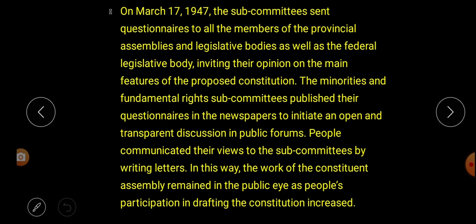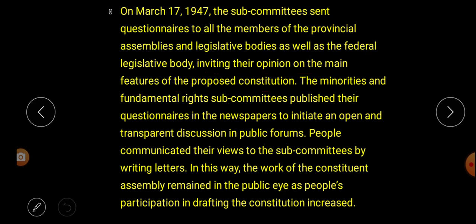And why? To invite their opinion on the main features of the proposed constitution, that means to know the opinion of the provincial assemblies, legislative bodies and federal legislative bodies.